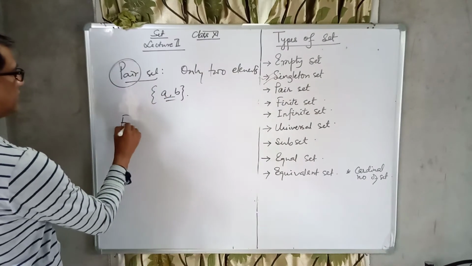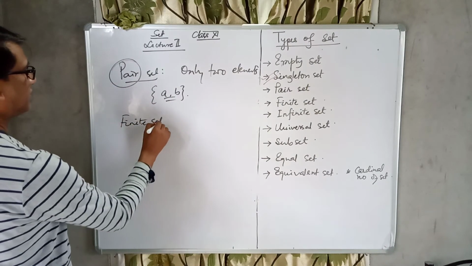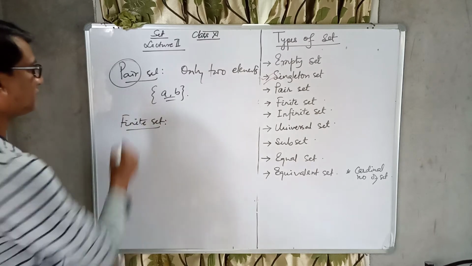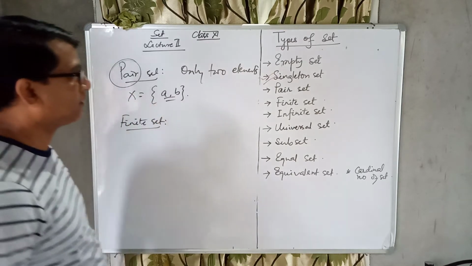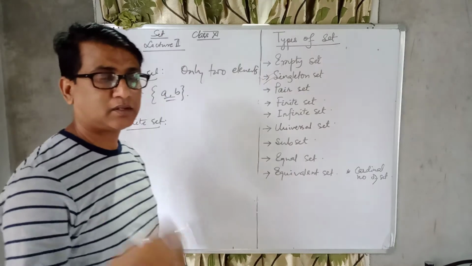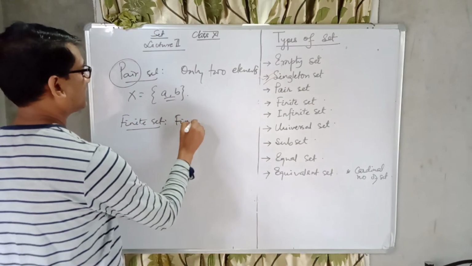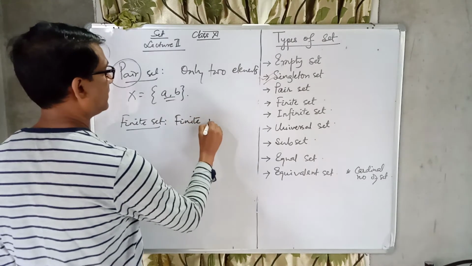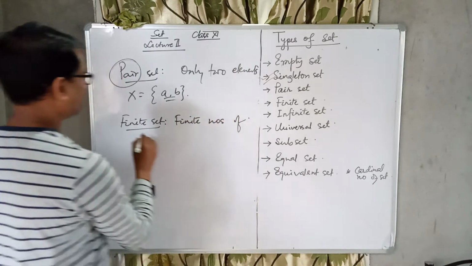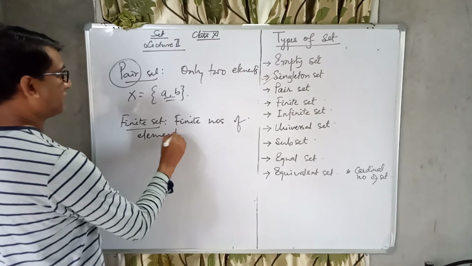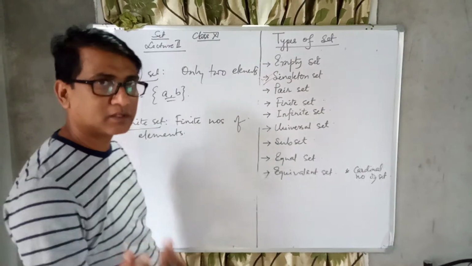Finite set. What is a finite set? In a finite set, the elements are countable. It has a finite number of elements, that is, you can count the elements.